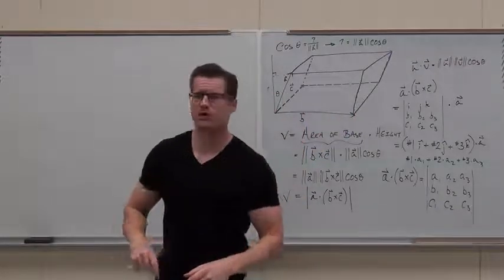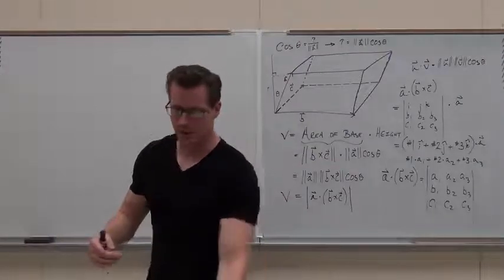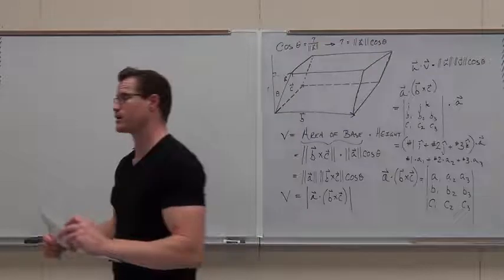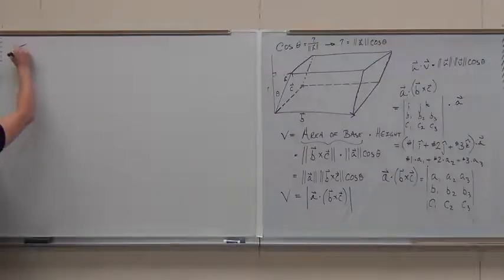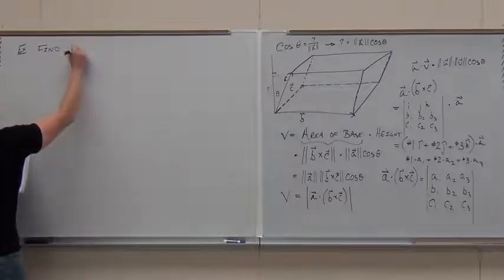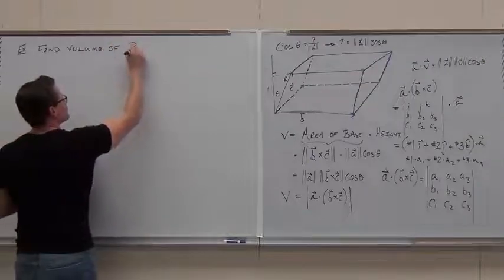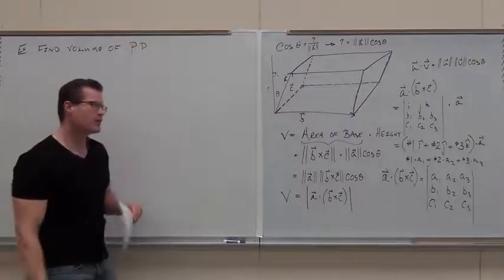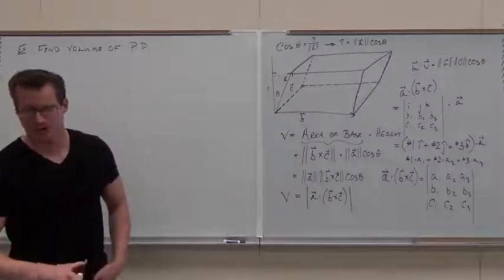So I'm going to give you 4 points. We're going to find the volume of the parallelepiped, and then we're going to call it good. I'll talk about one more question, and then we'll take our little break, because we need it. Find the volume of the parallelepiped when here are your points.